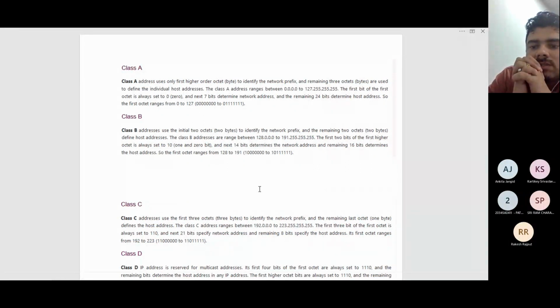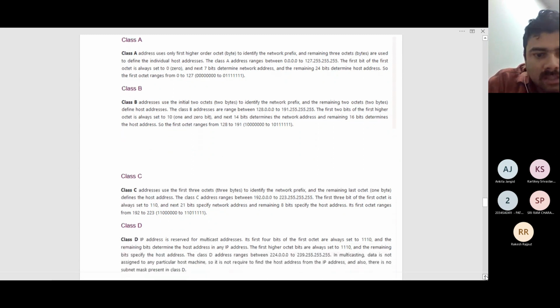The first 2 bits of the first higher octet are always set to 10, and the next 14 bits determine the network address, and the remaining 16 bits determine the host address. So the first octet ranges from 128 to 191. Class A and Class B each have a different format and a different range, remember that.